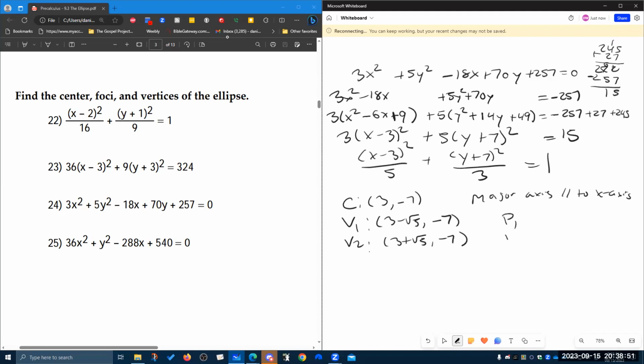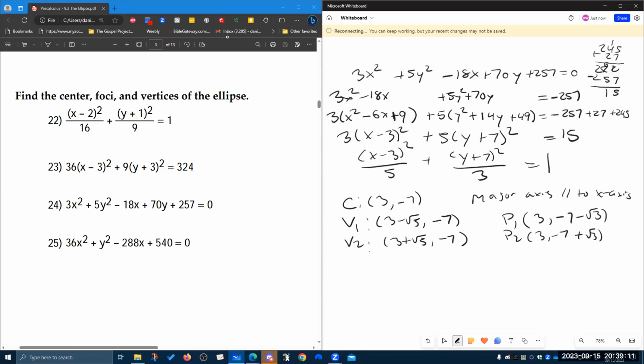Additional points are at (3, -7 minus root 3) and (3, -7 plus root 3).